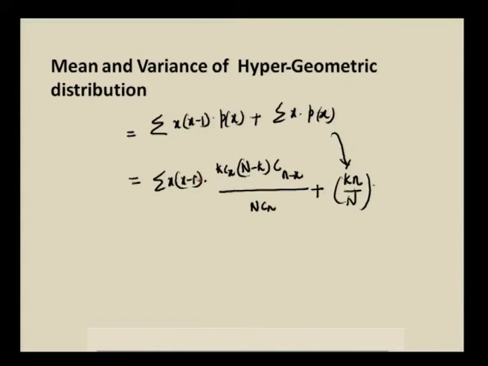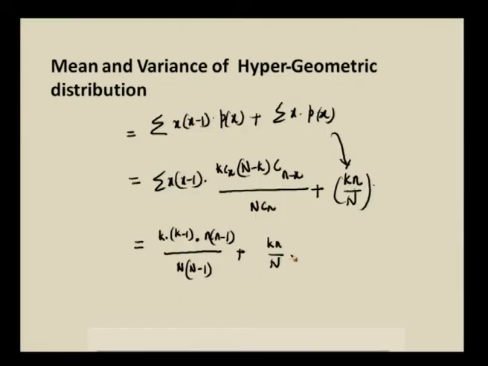So, all these simplifications after being done, along with kn by capital N, you have only this k into (k minus 1) into (n minus 1) by N into (N minus 1), plus I will just repeat this kn by capital N. This is expectation of x into (x minus 1).